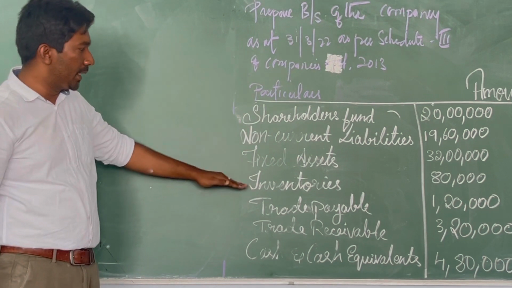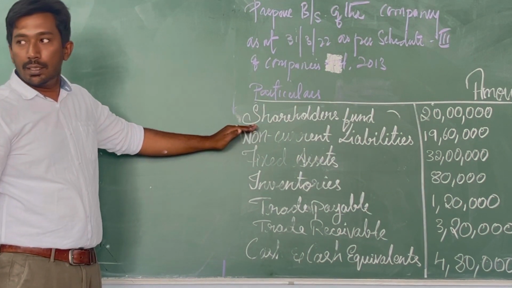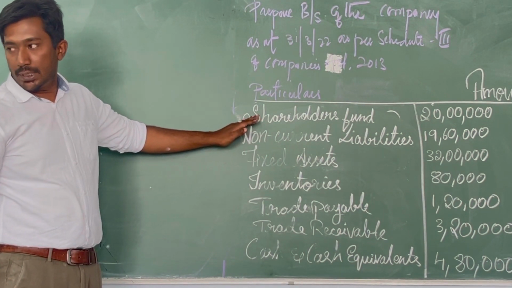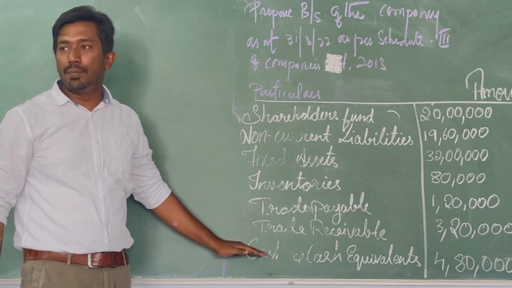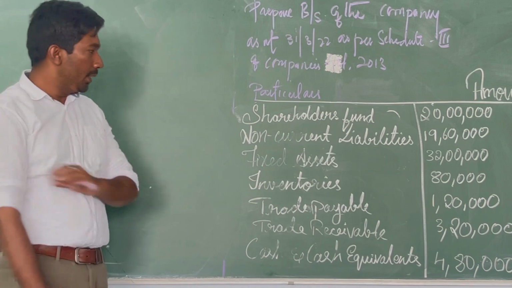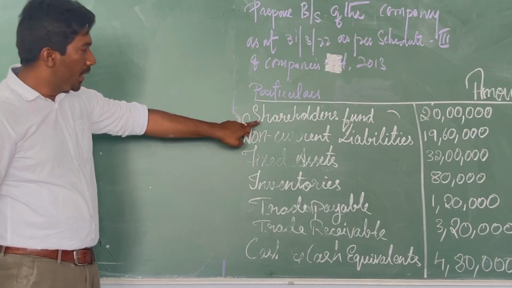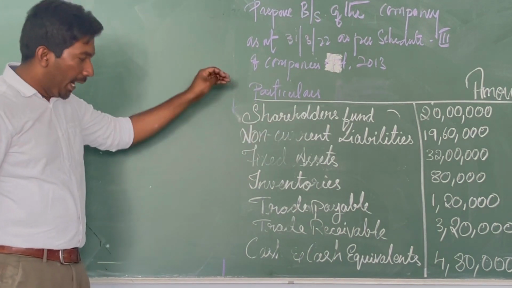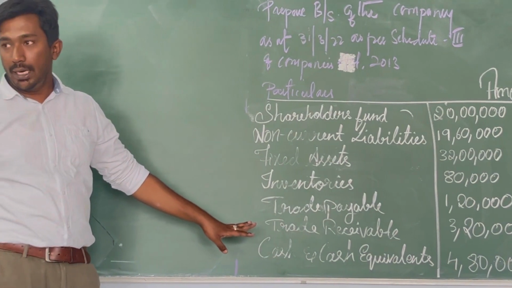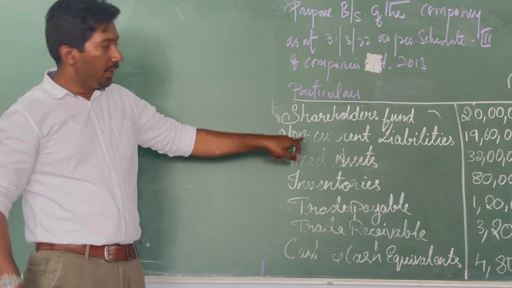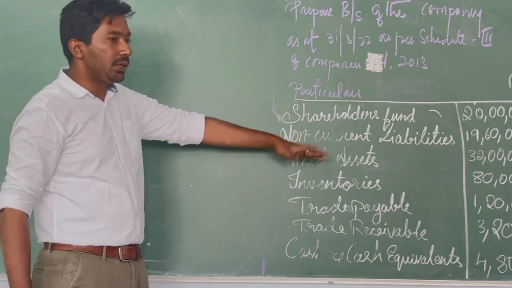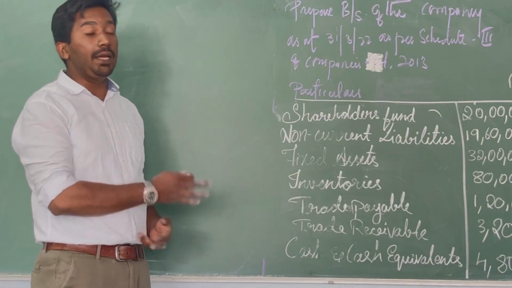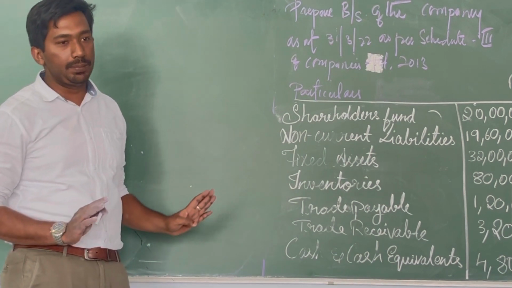These are the assets and liabilities they have given. First, they have given shareholders fund. See here, headings are given directly, right? Subheadings are given. First subheading under liabilities: shareholders fund. Second is non-current liabilities. Sometimes they leave easy problems like this.